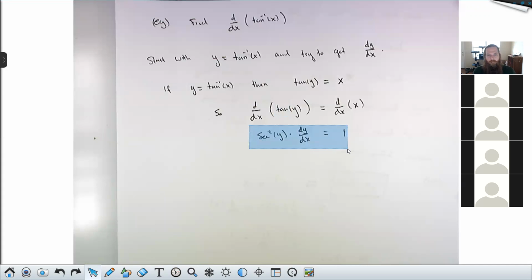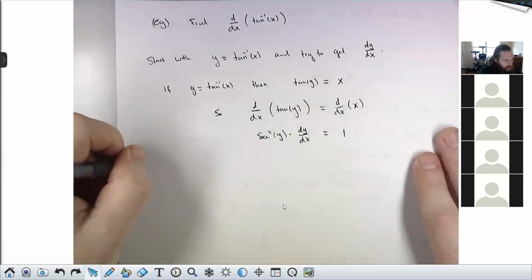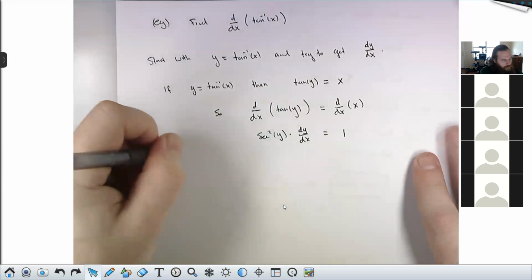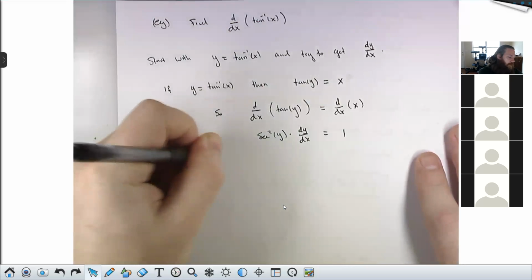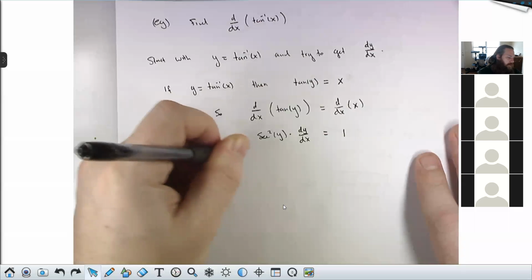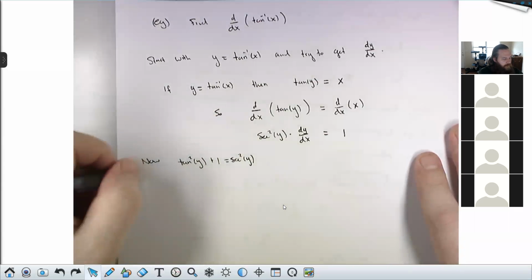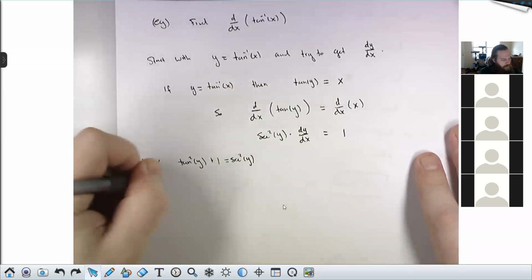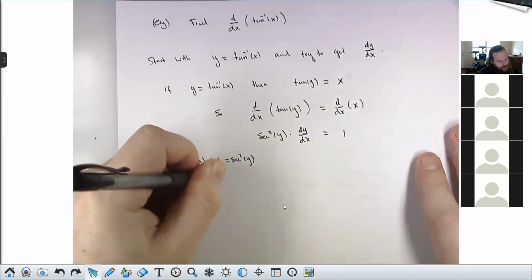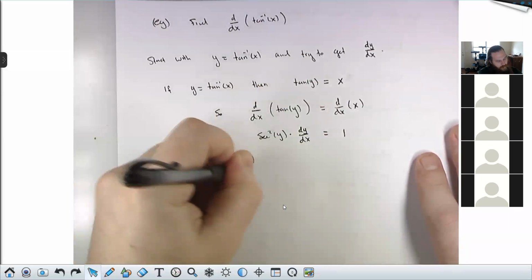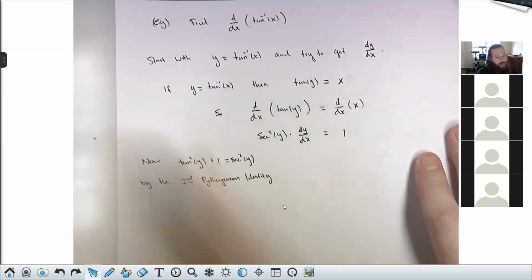But now, I want to solve for dy dx. And I'd like to rewrite secant squared of y in terms of x's. Off to the side, I'd say, now we know that tangent squared of y plus 1 is equal to secant squared of y. This is the Pythagorean identity. All right, it's a trig identity.